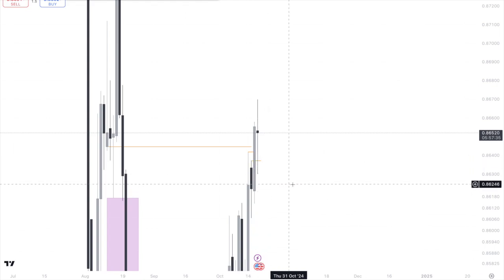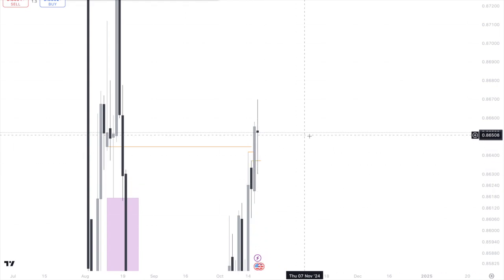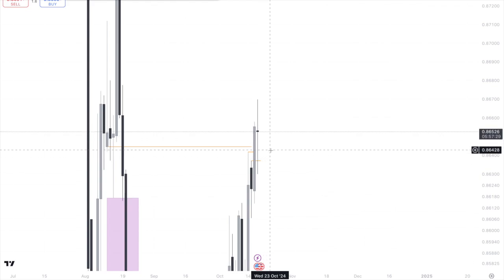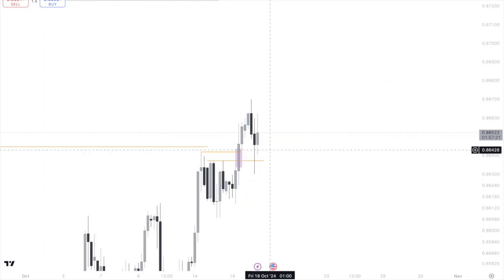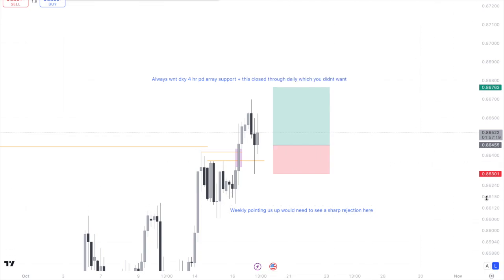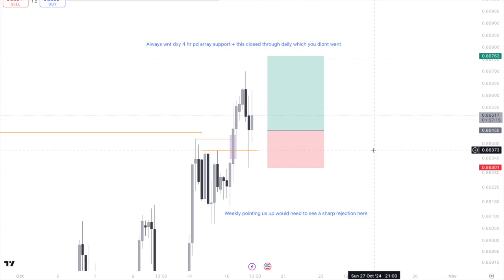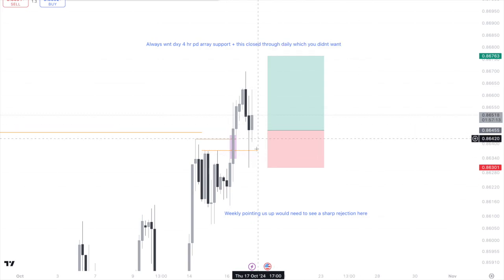That's why I didn't really want to see it, although now that we've got such a strong rejection, it is kind of an immediate rebalance type thing. You could consider it as, but ultimately, again, the DXY, I'm just not sure where the support is, as we don't have a 4 hour PD array, or obviously a daily or a weekly, so I'm not too sure.